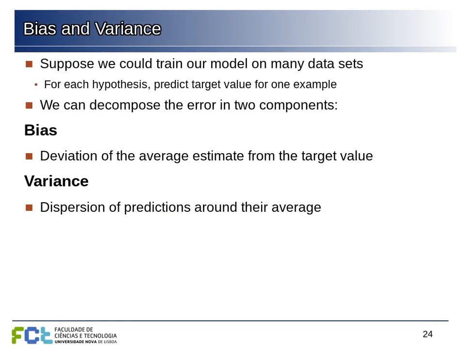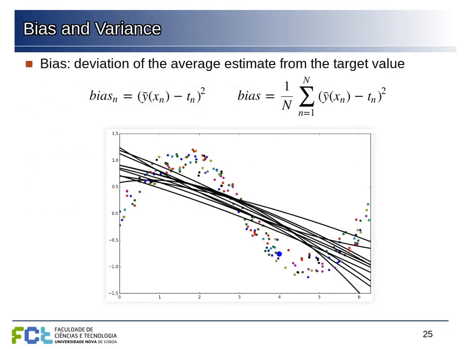But to understand this well, I'm going to review a bit this part. We saw this last semester. We can decompose the error of any hypothesis that we're going to obtain into these two parts, bias and variance. The bias is a deviation between the average prediction and the actual values.